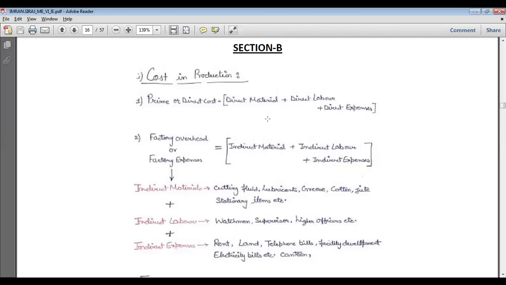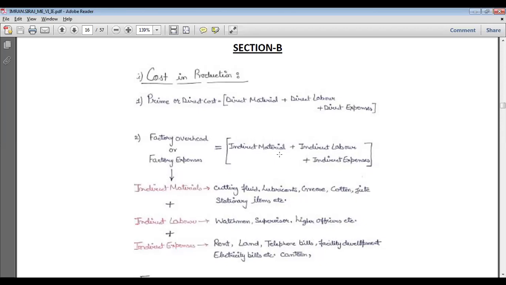So this is the direct cost. It contains direct material plus direct labor plus direct expenses. This is called prime or direct cost. Then we have factory overhead or factory expenses. Factory overhead includes indirect material plus indirect labor plus indirect expenses.